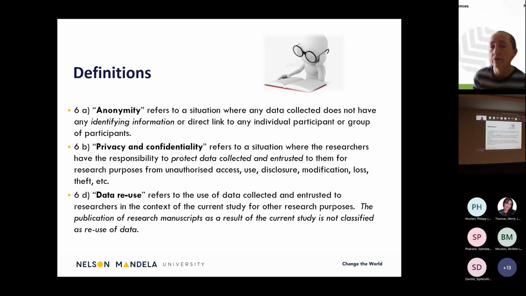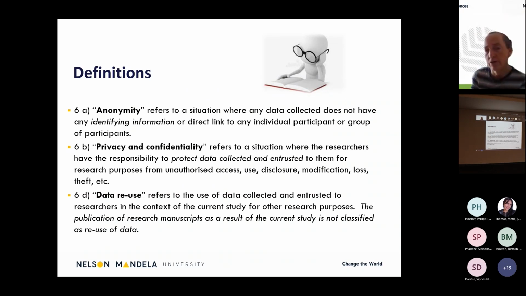And then also very important, data for reuse. Often we do not understand this. The definition is the use of data collected and entrusted to researchers in the context of the current study for other research purposes, apart from publication. So data reuse is not if we say we want to publish articles later on from the master's study, or for the PhD.